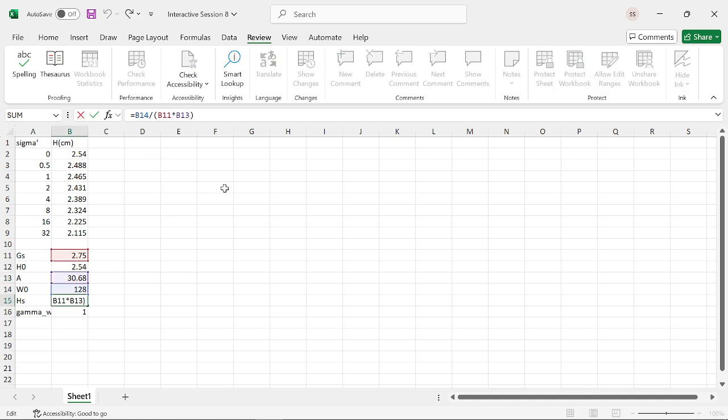Technically, this has to be multiplied with gamma W. So we have a height of solids of 1.5 centimeter.